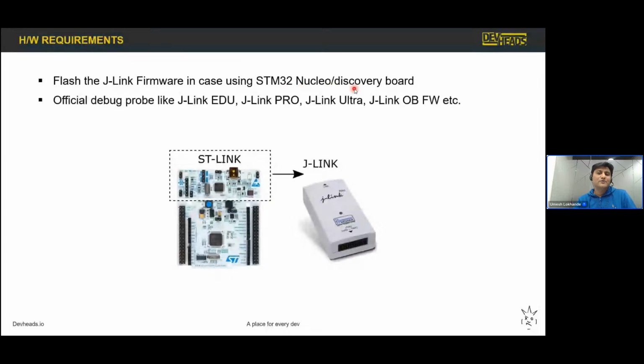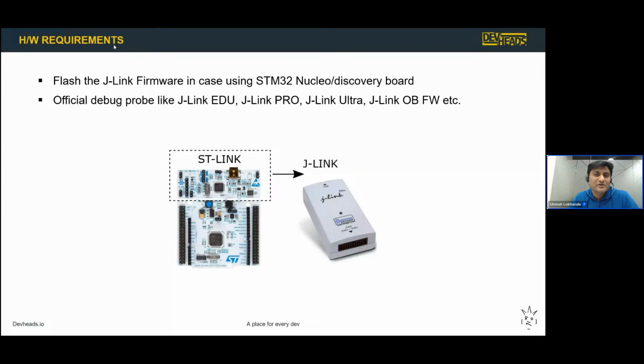And in case you're using the official J-Link debug probe, that's a cherry on the cake, because you then have a lot of exclusive features that you can use, and it can also leverage talking to the SEGGER software ecosystem framework.